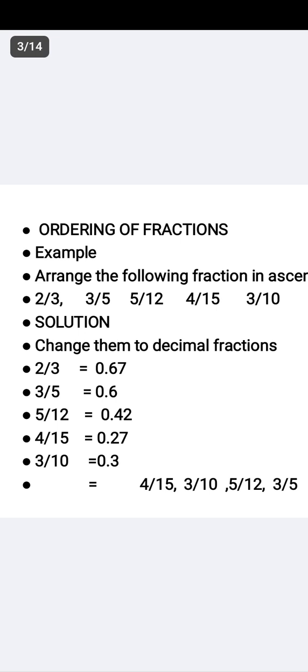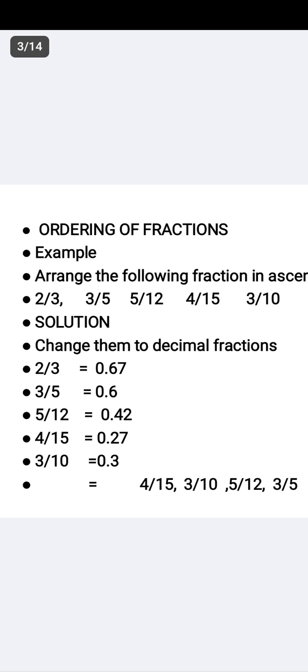Which one is bigger? Which one is smaller? Simple. 0.67 is the biggest fraction, 0.6 the next, 0.42 the next, 0.3 the next, and the smallest fraction there is 0.27.